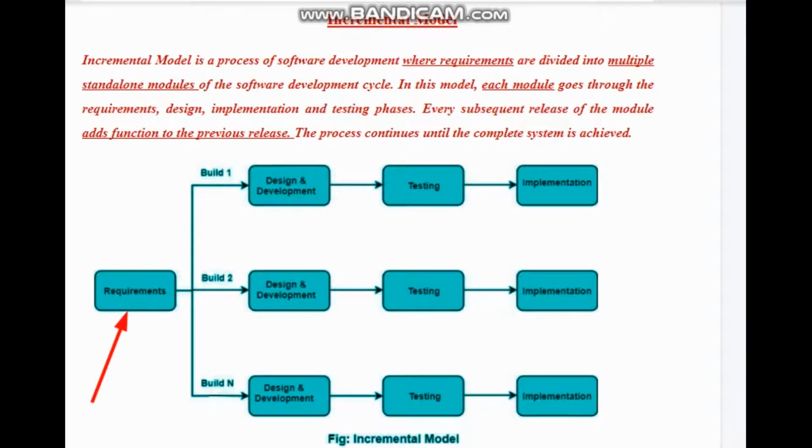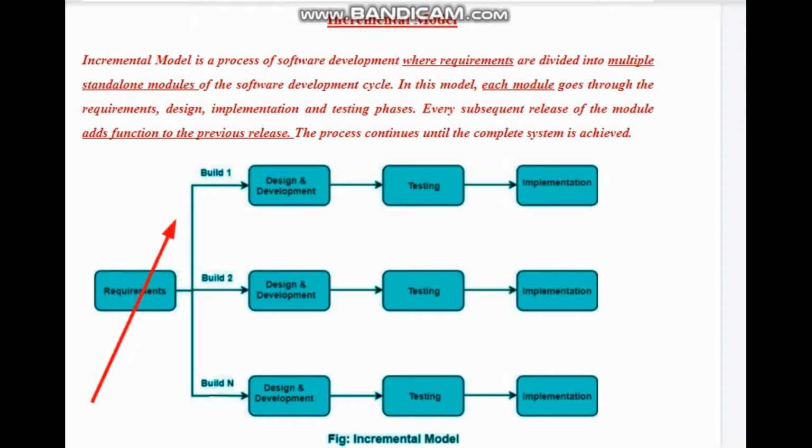First all the requirements are collected, developed correctly, and sorted, and each requirement is divided into multiple standalone modules. Just now, as I told you, how the requirements are taken and how the modular approach is carried out. So all your requirements are collected, and then they are divided into multiple standalone modules.